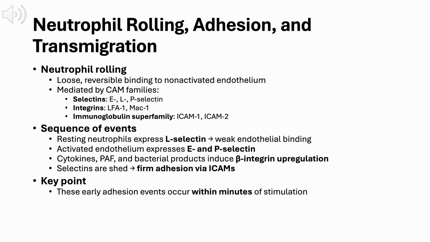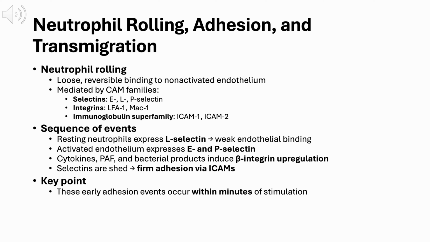Neutrophil recruitment proceeds through a coordinated sequence of rolling, firm adhesion, and transmigration. Initially, selectin-mediated interactions create weak, reversible attachments that slow the neutrophil and allow it to roll along activated endothelium. L-selectin is expressed on the neutrophil, while E-selectin and P-selectin are induced on endothelial cells.